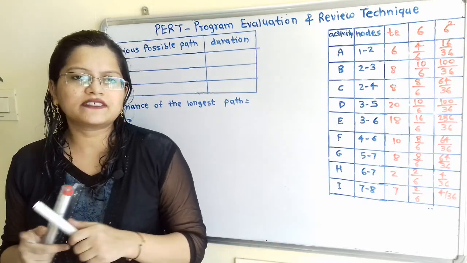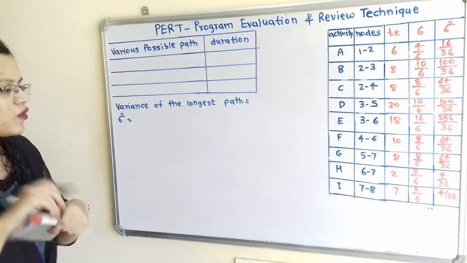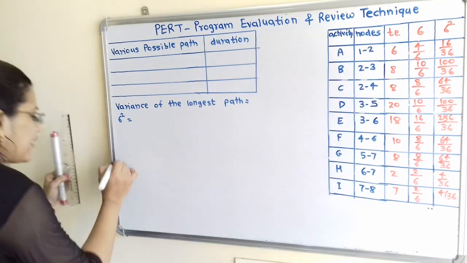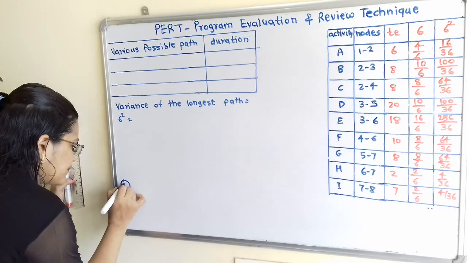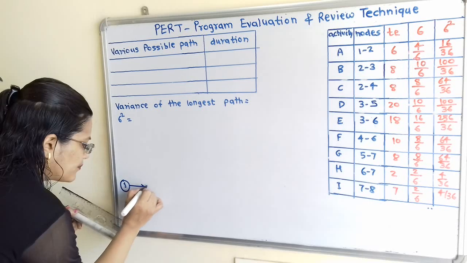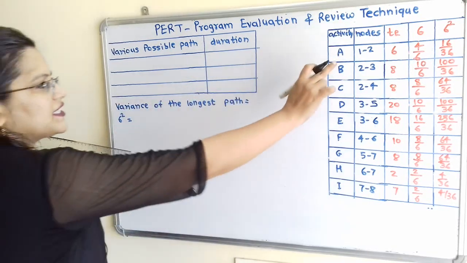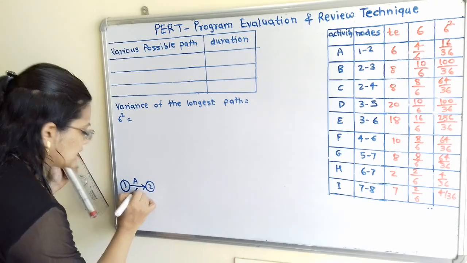Now the next step is to draw the network diagram. For activity A, node 1 to 2 is given. So I will show here node 1, and then the next node is node 2. For activity A, we will write the duration as TE, which is equal to 6 days.